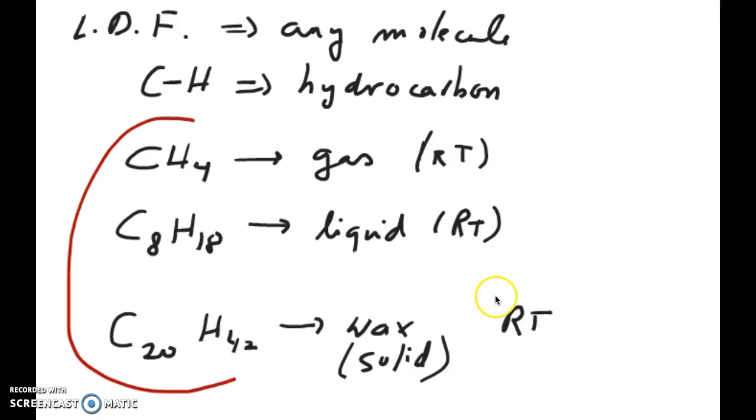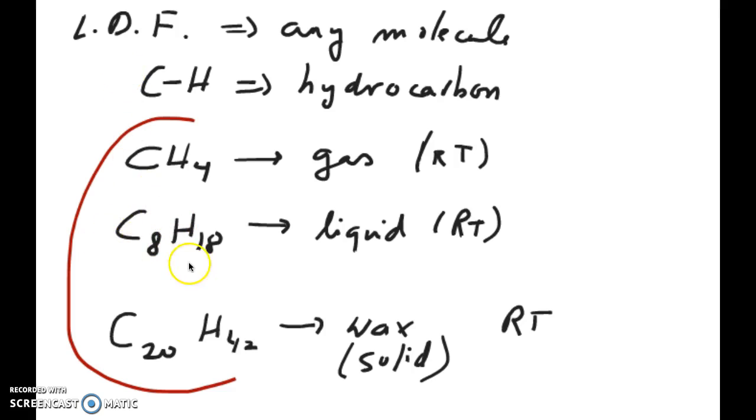If we were to look at these molecules at room temperature, we find that the smallest of those molecules, a CH4 molecule, a hydrocarbon, exists as a gas. Clearly, that means that the London forces in CH4 are just not strong enough to pull them together. The kinetic energy at room temperature overcomes the strength of the intermolecular forces.